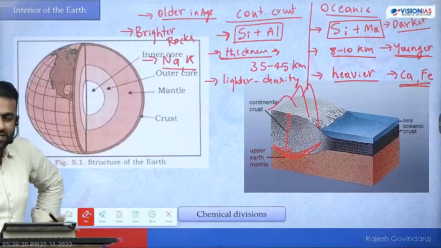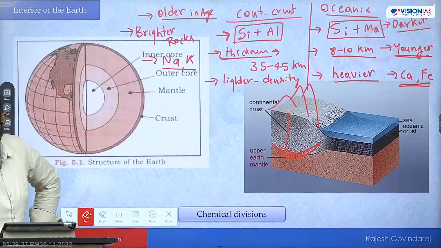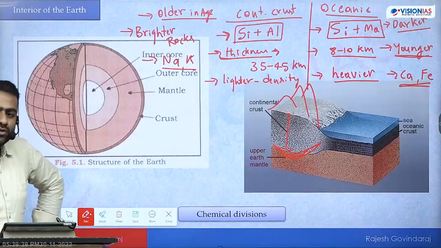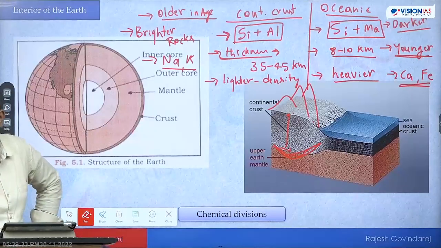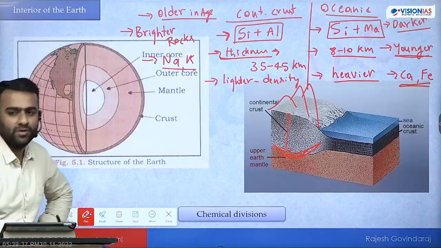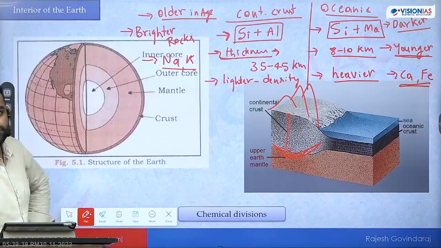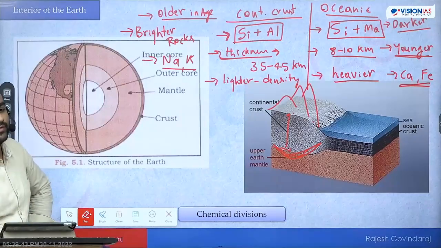Based on the change in speed and direction, we can analyze through which kind of mineral it is passing. And not only one source, we compare with other sources. For example, meteorites. Meteorites also have nickel and iron inside their core. So using all these evidences over a long period of time, we have come to a conclusion. That is what density studies and seismic studies are.